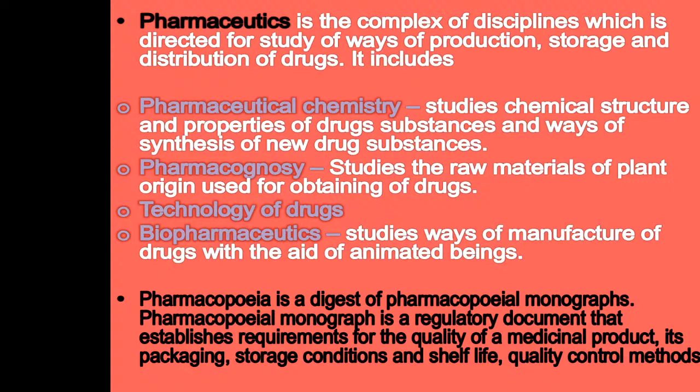Pharmaceutical chemistry, which studies chemical structures and properties of drug substances. Pharmacognosy, which studies the raw materials of plant origin mostly used for obtaining of drugs. There is separate study, technology of drugs, biopharmaceutics, and so on.